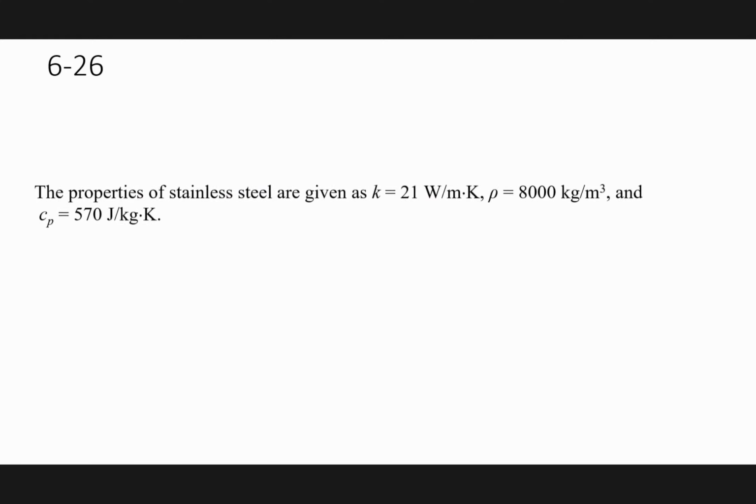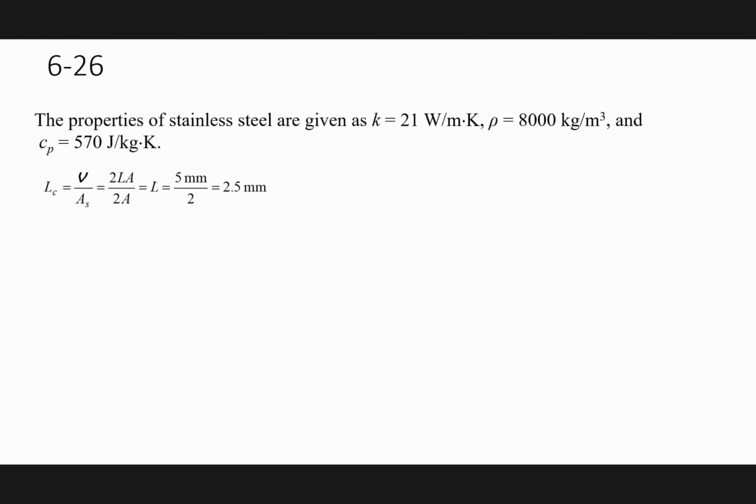Therefore, we know the physical properties of the steel, okay? Then we can calculate. It is a plate, and we know that the thickness is 5, therefore since it's symmetric, because both sides of the plate are exposed to the furnace, the characteristic length is half of the thickness, 2.5 millimeter.